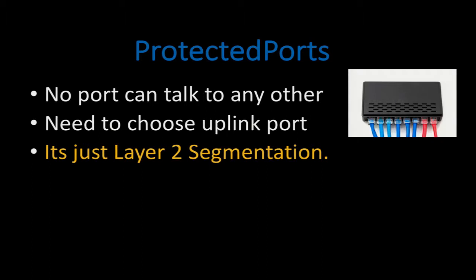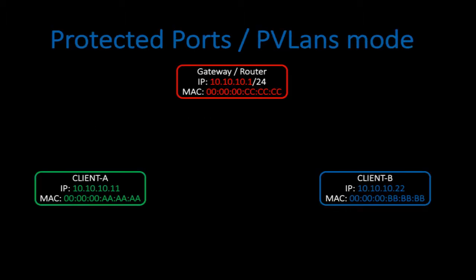But it's basically just layer 2 segmentation. We'll use protected ports for this because it's a lot simpler than setting up VLANs, and it's as simplistic as you get it. How private VLANs work, we won't go over, but it's basically like protected ports: just layer 2 segmentation between all the clients plugged into a normal switch.